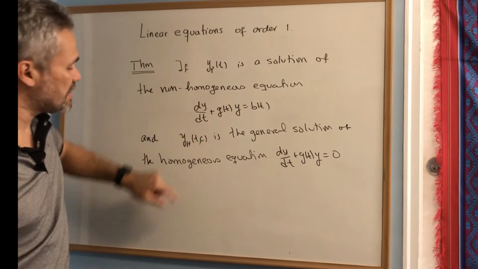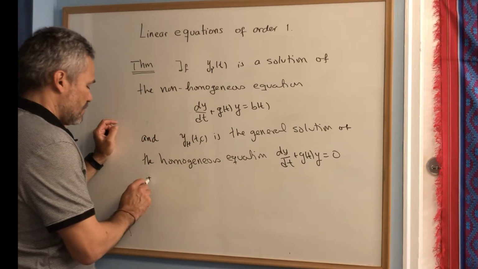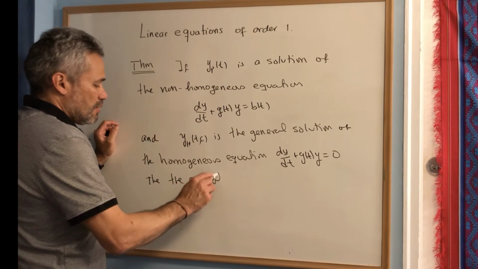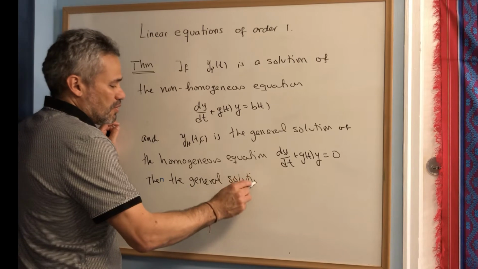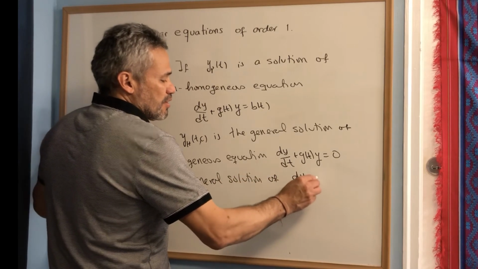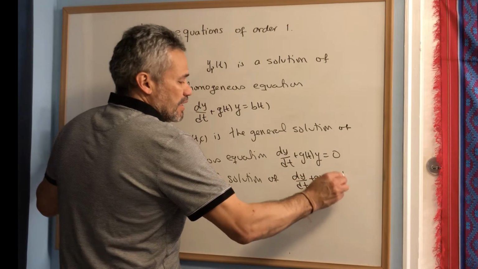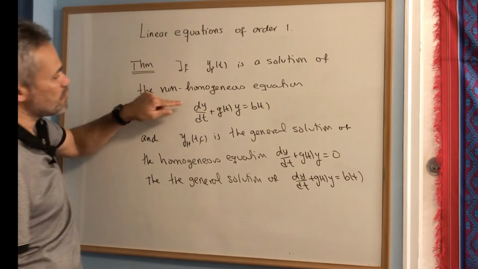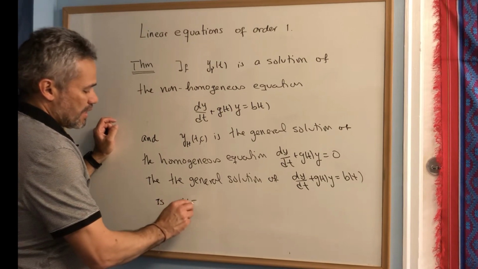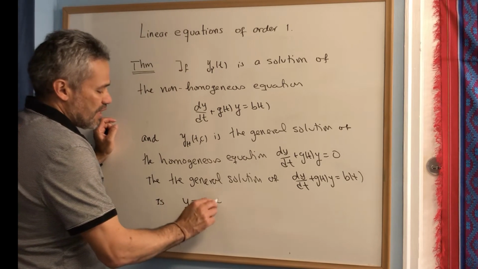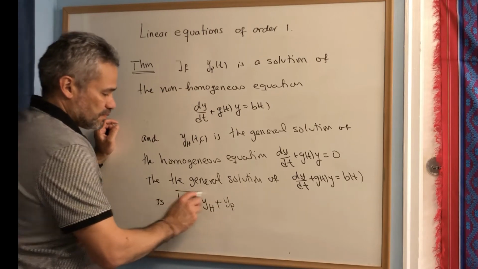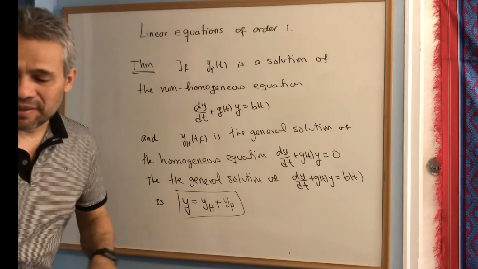It has a constant c. Then the general solution of dy/dt plus g(t) times y equals b(t) is y equals y_h plus y_p. Okay, this is the theorem.